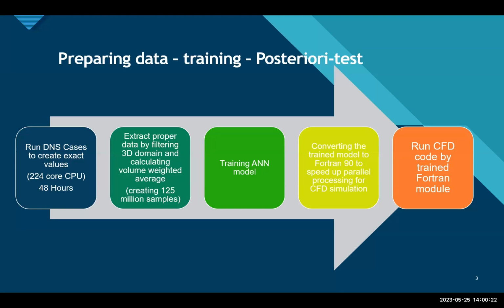Then by filtering the domain, I can extract the proper features and create 125 million samples, then feed these samples to our artificial neural network model. Then I convert the trained model to Fortran 90 to speed up parallel processing for the CFD simulation.